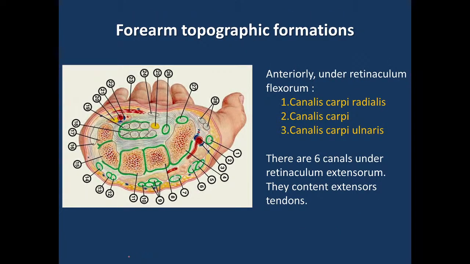In the wrist area, we find a very strong retinaculum flexorum. It is made from connective tissue, and under the retinaculum flexorum we find the large canalis carpi here. This is the canalis carpi. We could also see canalis carpi radialis with two tendons of muscles, and canalis carpi ulnaris.